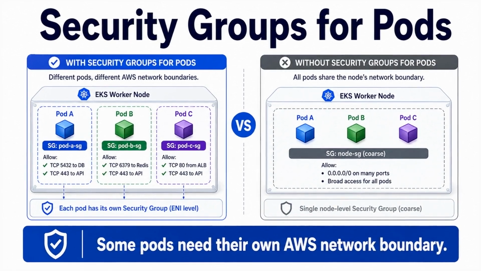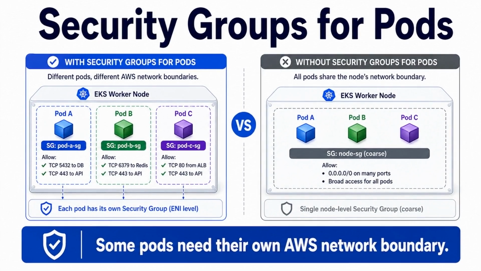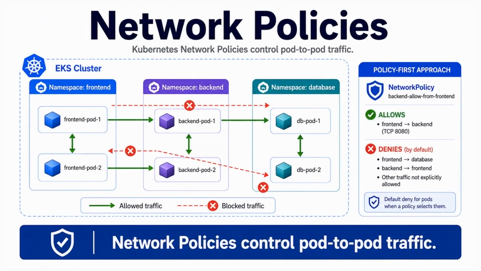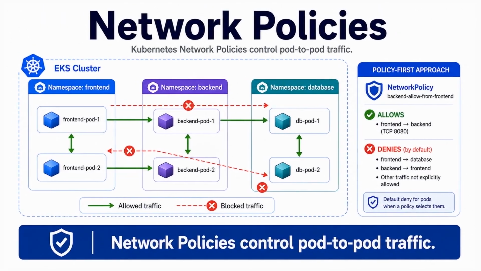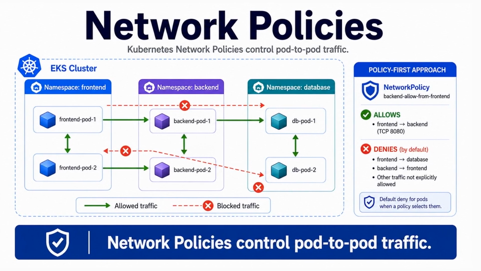That matters when one namespace needs tighter north-south or service level control than another. Network policies solve a different problem. They control which pods, namespaces, or CIDR ranges may talk to each other at the Kubernetes network policy layer, so east-west traffic is not left wide open by default.